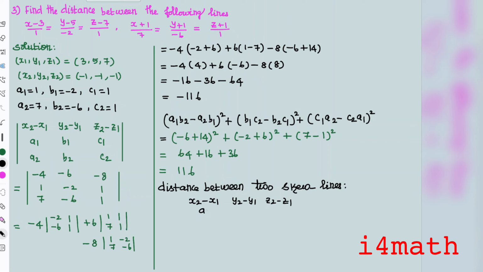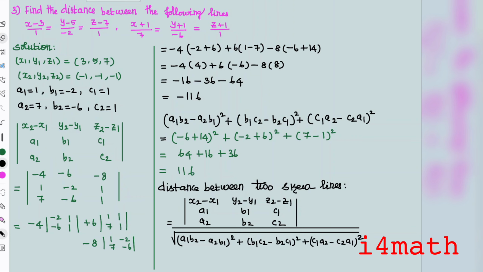Next, the second row is a1, b1, c1, and the third row is a2, b2, c2, and then the whole determinant, divided by the square root of (a1 b2 minus a2 b1) the whole square plus (b1 c2 minus b2 c1) the whole square plus (c1 a2 minus c2 a1) the whole square.